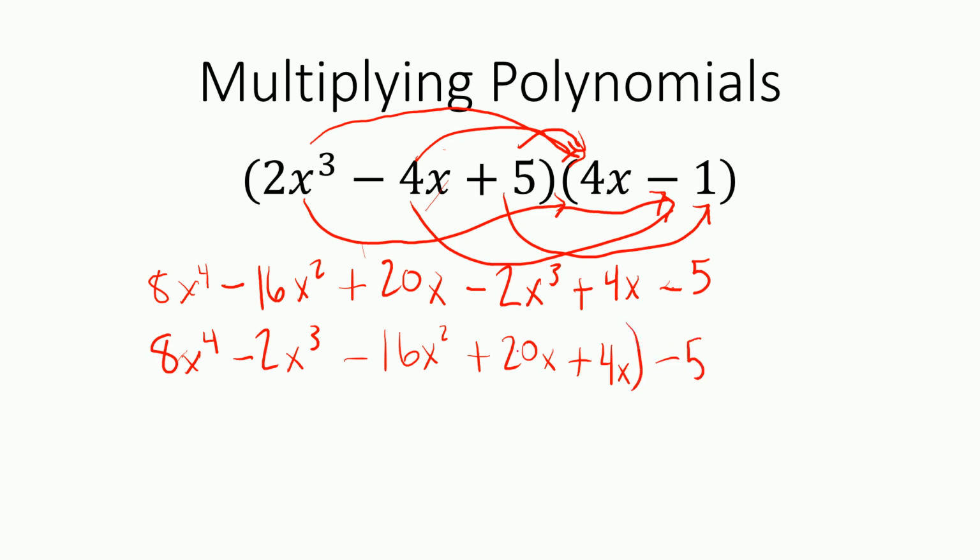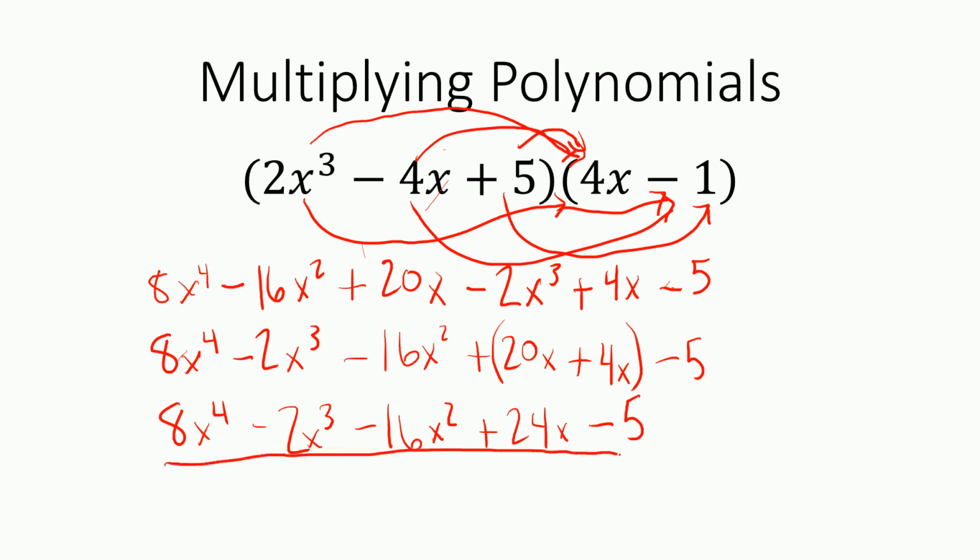So I have some like terms, and if I have any like terms, I need to combine those. So I'm going to use the associative property to group them and then just add them. So our final answer has no like terms in it. That's 24x minus 5. So final answer, done.